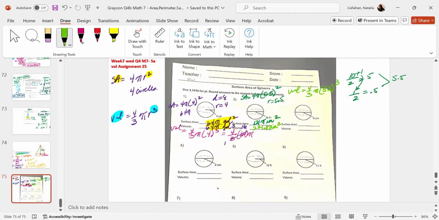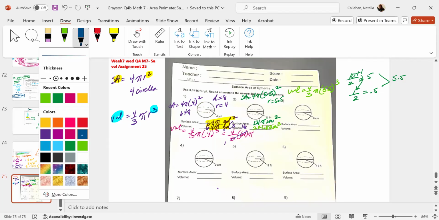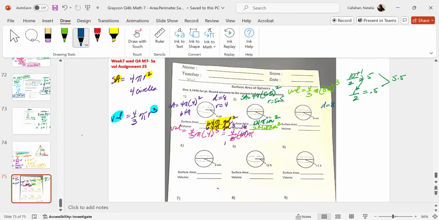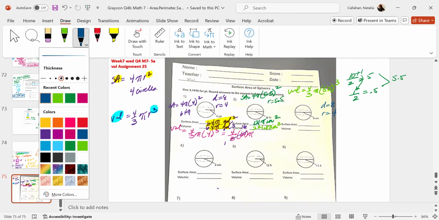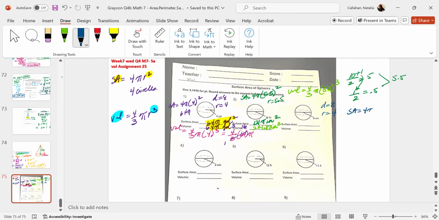I'm going to do one more and then I'll have you go ahead and finish and catch up. For the next one, the diameter is 8. What's your radius? My radius is 4. Okay, so then we're going to plug it into our surface area, which is 4 pi r squared, which is 4 pi 4 squared. That's the same as the first one.